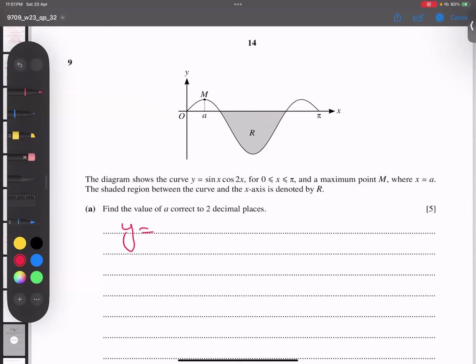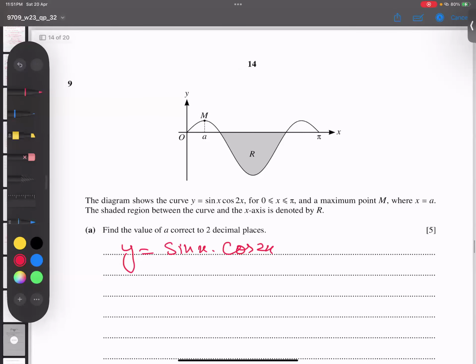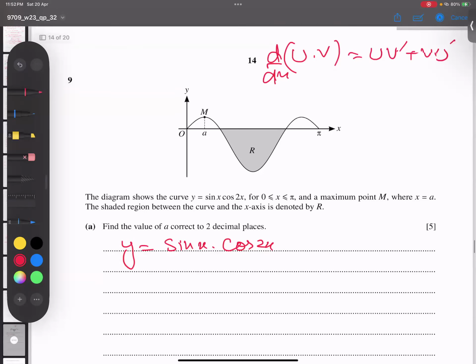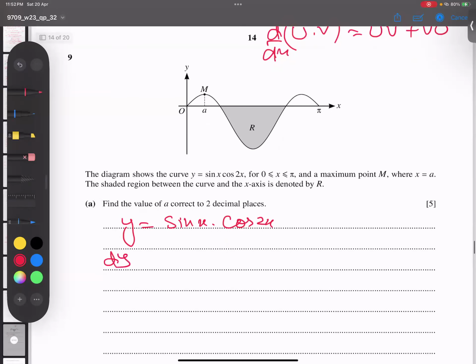But first of all, we need to differentiate, and how can we do it? When two functions are multiplying each other, uv, and we are differentiating: u copy v dash, v copy u dash. Dash means differentiation, so we will do it one by one.